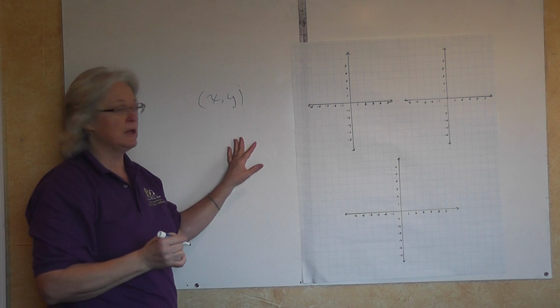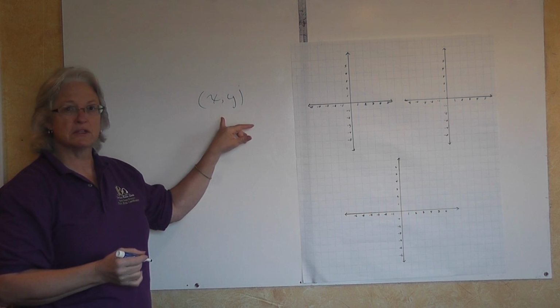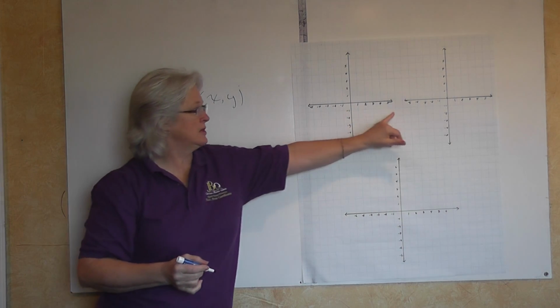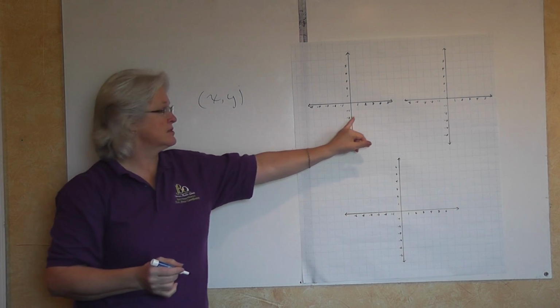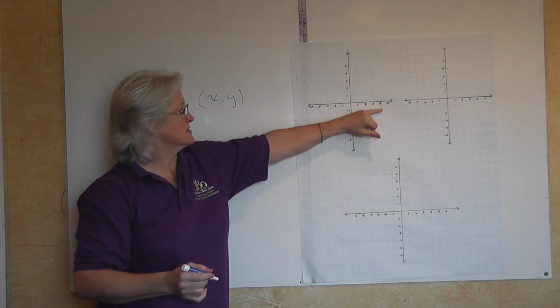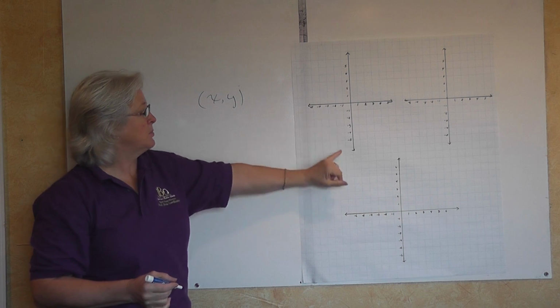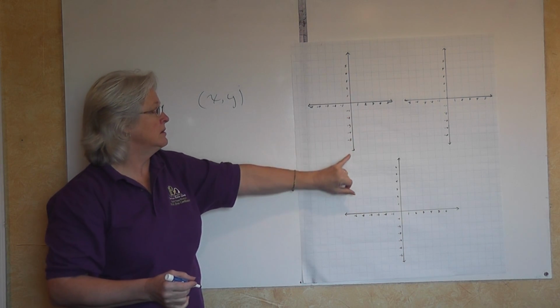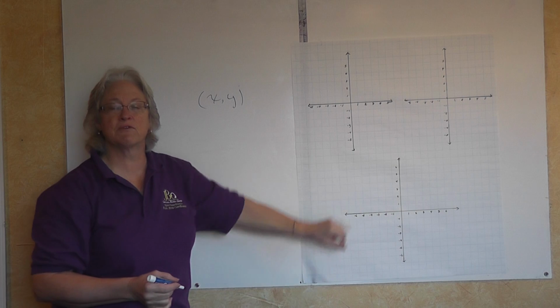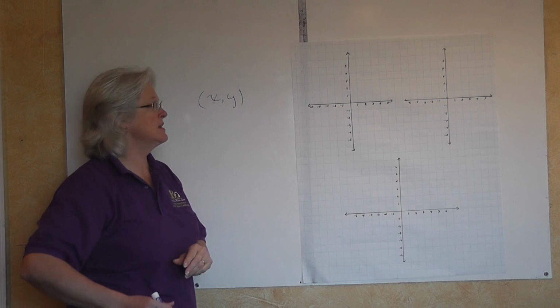They're included in parentheses like this, where the x represents the location of the number on this Cartesian coordinate system on the x-axis. The y represents the location of the point on the y-axis, which is our vertical line up and down, and it's called an ordered pair because order is important.